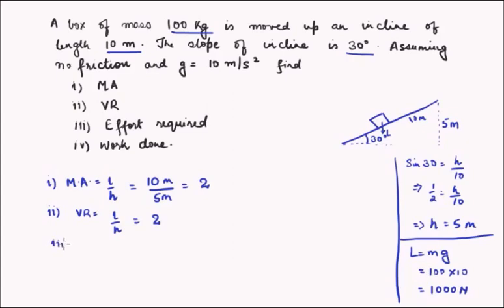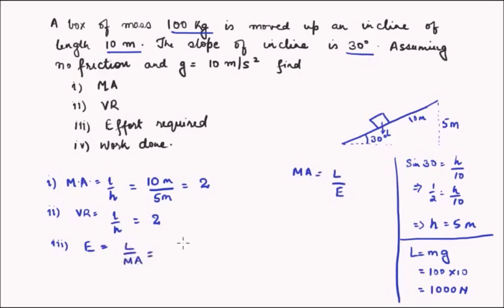Third part asks us to find the effort. Now we just saw that effort and mechanical advantage have a relation. The relation is that mechanical advantage is load upon effort. This gives us effort is load upon mechanical advantage.